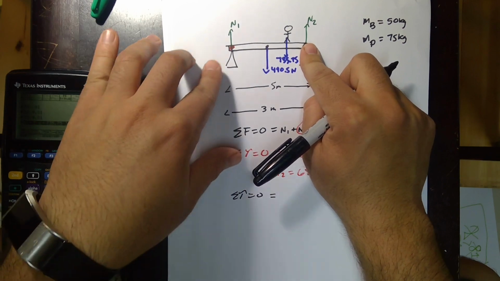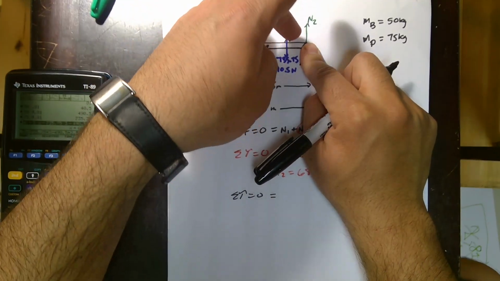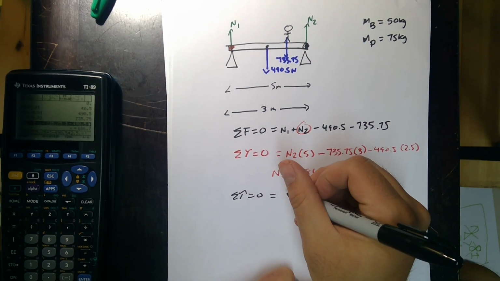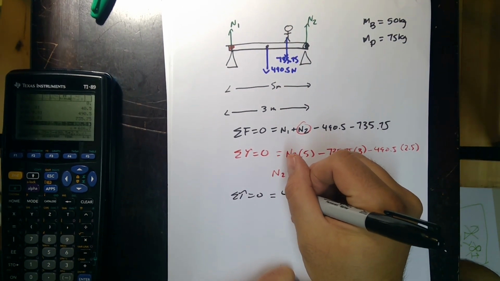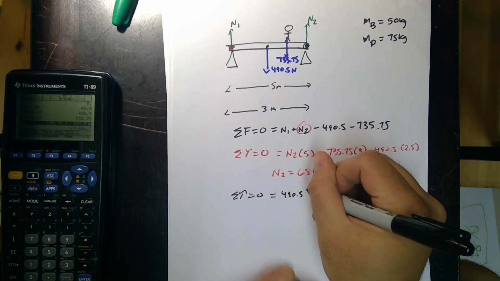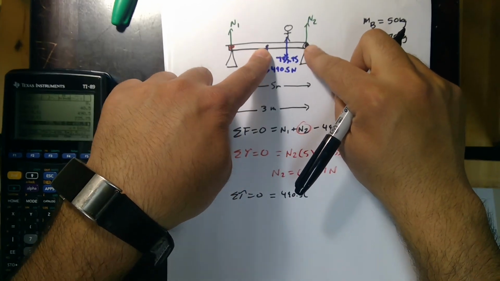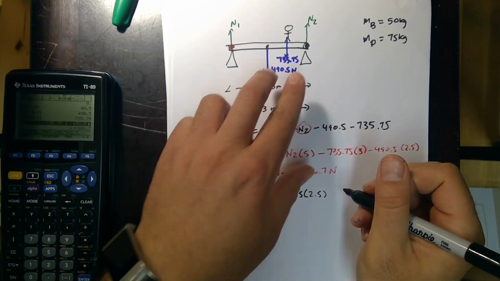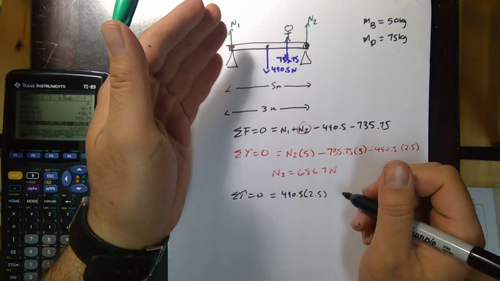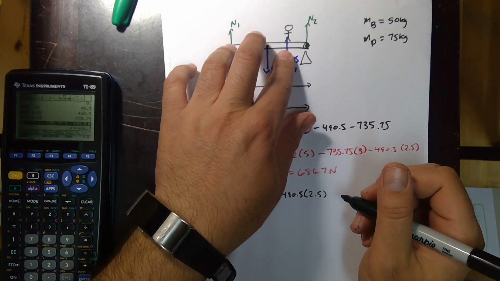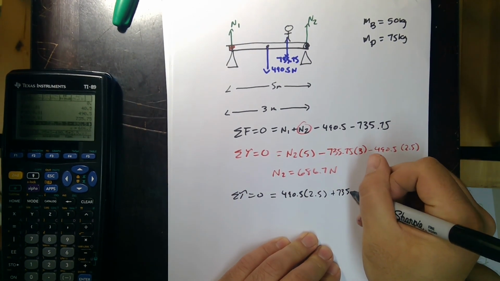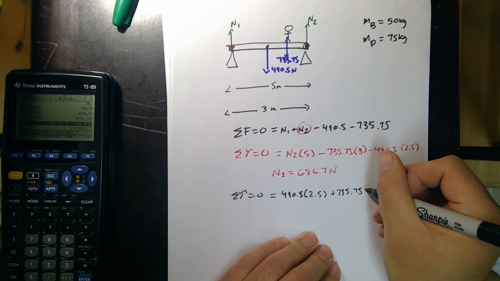But if you take a look here, this would cause clockwise rotation, and these would now be counterclockwise rotation. So let's make the positive ones first, 490.5. That's 2.5 meters away. This guy, my picture might not be the best drawing here, but if that's 3, that's 2. So this would be 735.75, 2 meters away.